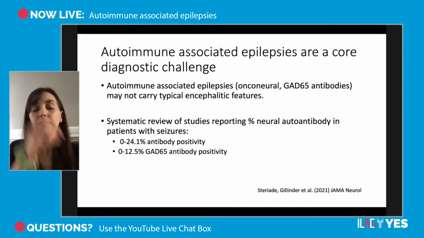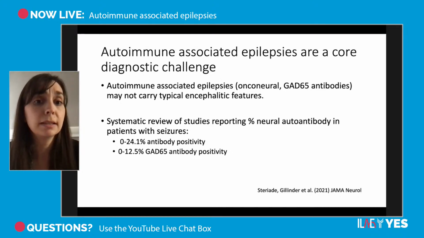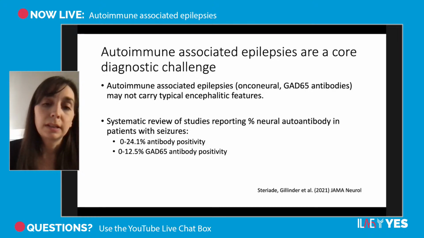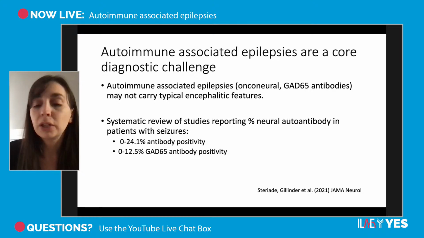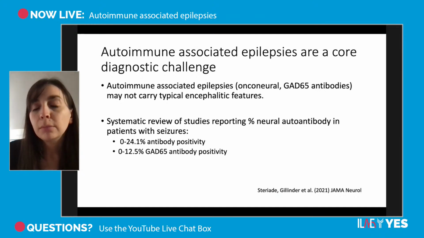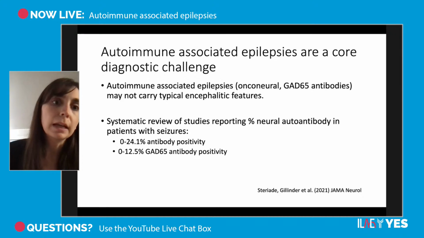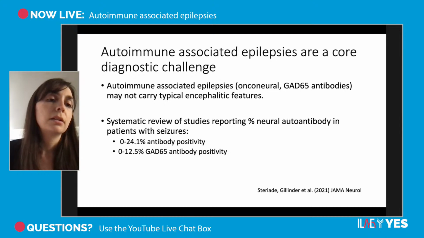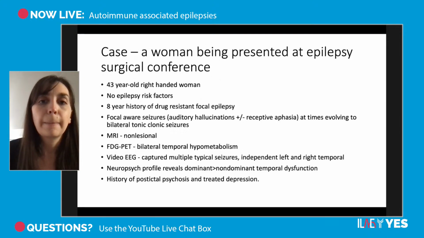But if you look at the most rigorous studies, the studies that explicitly excluded patients that had a clear autoimmune encephalitis like NMDA, and studies that had rigorous antibody ascertainment, the answer is probably about 5% of focal epilepsy of unknown cause has an underlying antineural antibody.